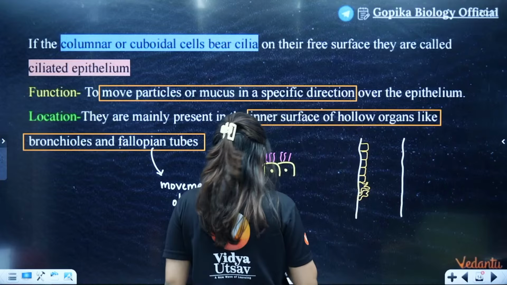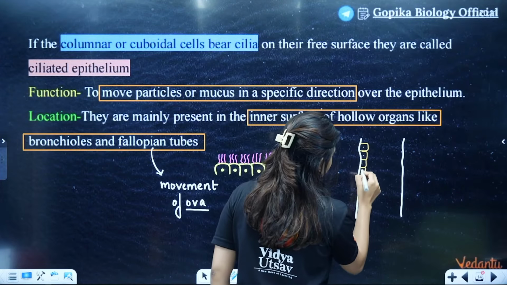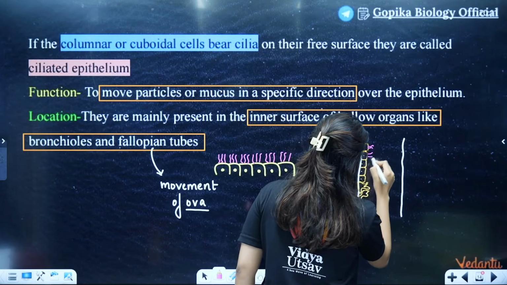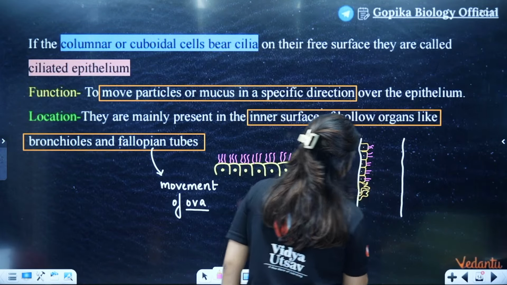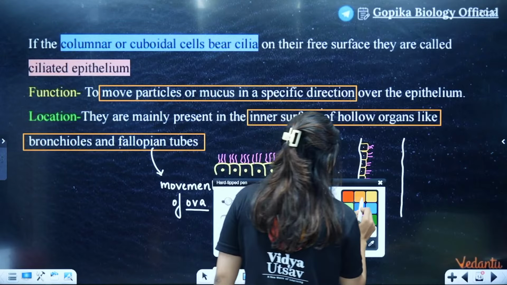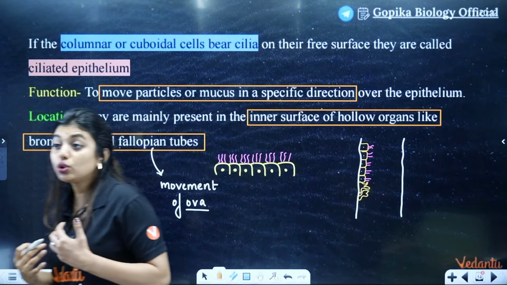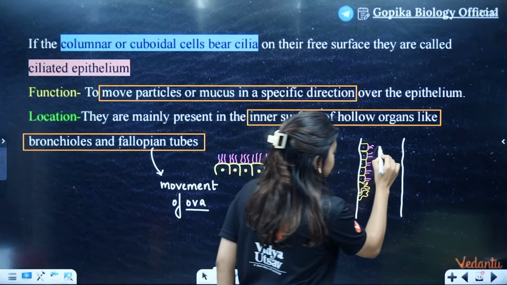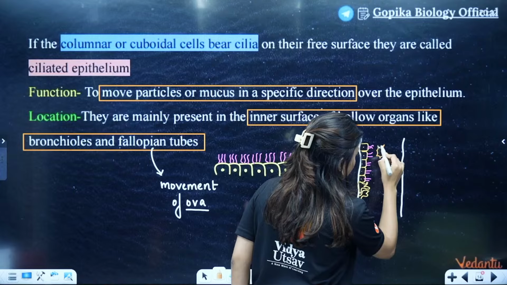Now what is going to happen? These cells have cilia. Now students, let's say by mistake you took a dust particle inside, like this.